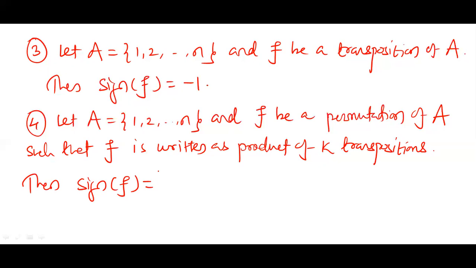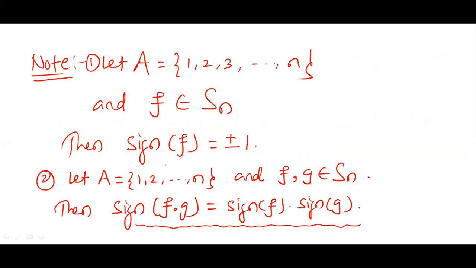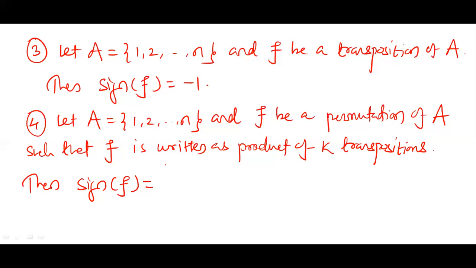see by the third note, the signature of any transposition is -1, and the second note says that the signature of f composition g is equal to signature of f into signature of g. By combining note 2 and note 3, we can write the signature of f as -1 into -1 into ... -1, k times.